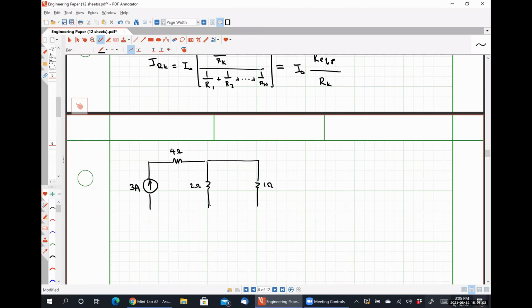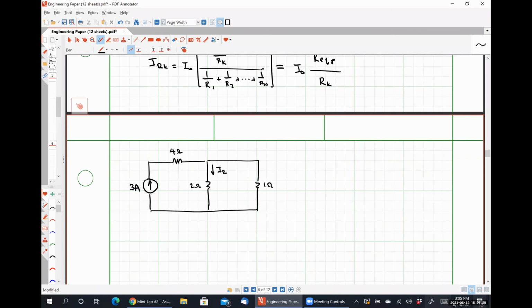One ohm. And I want to know the current flowing through that 2 ohm resistor.